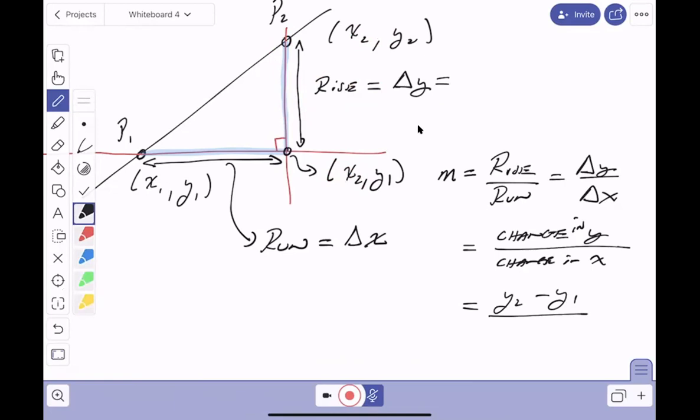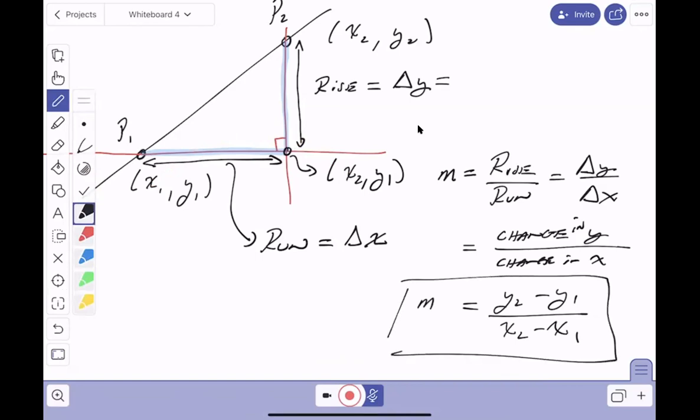Okay, let's talk about the change in x now. If I look at this over here, this is the change in x. It's called a run. If you notice over here, the y's are not changing. It's always going to be y1. What's changing? Just the x. Upper minus lower, x2 minus x1. All right, there's a visual picture of that. Most students go for the formula.